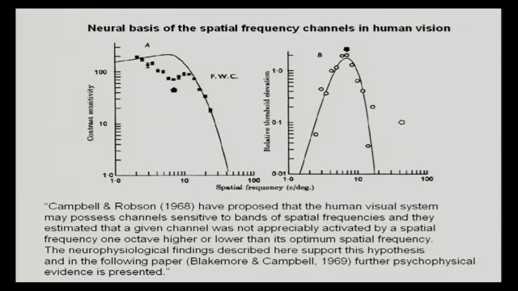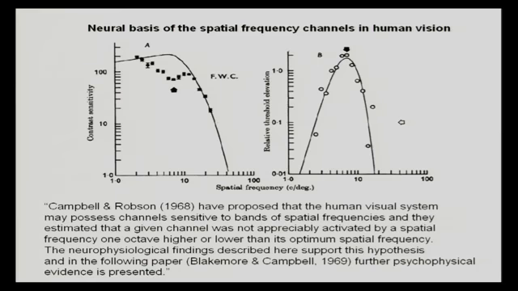Right, and they looked for about a minute, and then they measured the sensitivity function again. And what they found was that the sensitivity was reduced around about the same spatial frequency as the adapting grating, but not when the bar width was higher or lower.